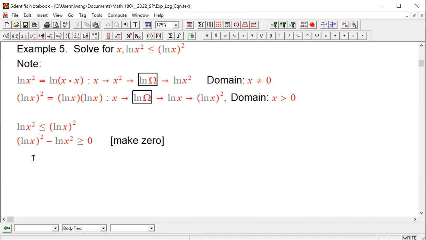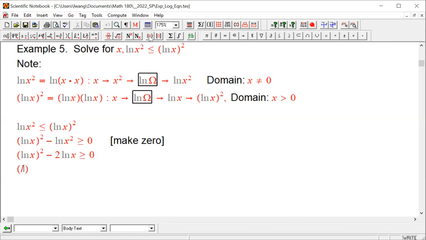Okay. And once we made 0, we're going to apply the power rule to ln x squared. So that's going to be minus 2 times ln x, and that's going to be greater than or equal to 0. Factor. What do we get for factoring?